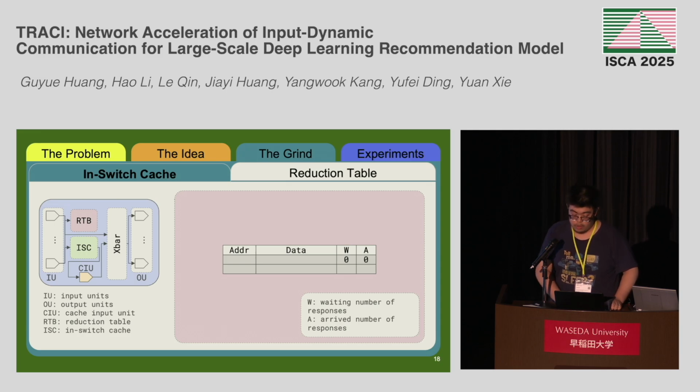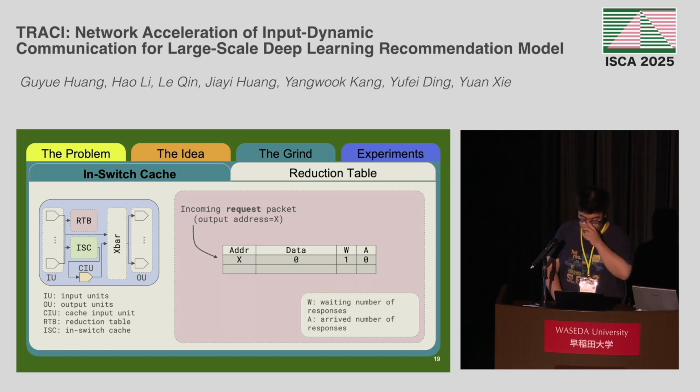So here we show how we utilize the output reuse by the reduction table. In the reduction table, we register the data by address, data, waiting number and arrived number. If there's an incoming request packet with output address equal to X, we will add to the waiting number.